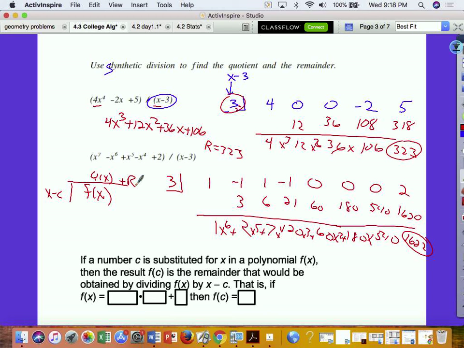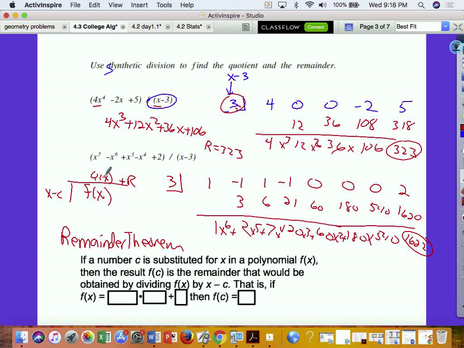Okay, so what we're going to do is talk about something called the remainder theorem, and then we're done. The remainder theorem is going to be determined by the relationship between these things here. I'm going to call this f of x.